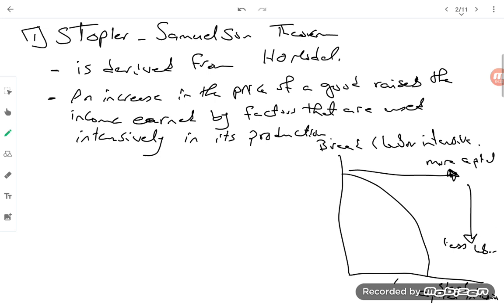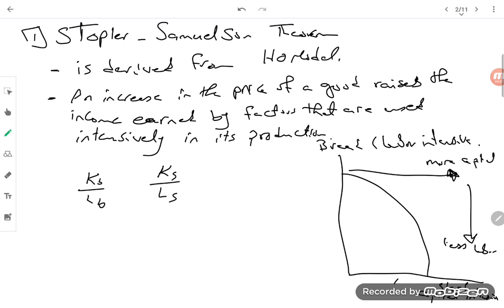So production of steel requires labor and capital, and the same with respect to bread, it requires labor and capital. But if you compare the capital labor ratio, for bread, for example, it will be L over K, compared to K over L for steel.